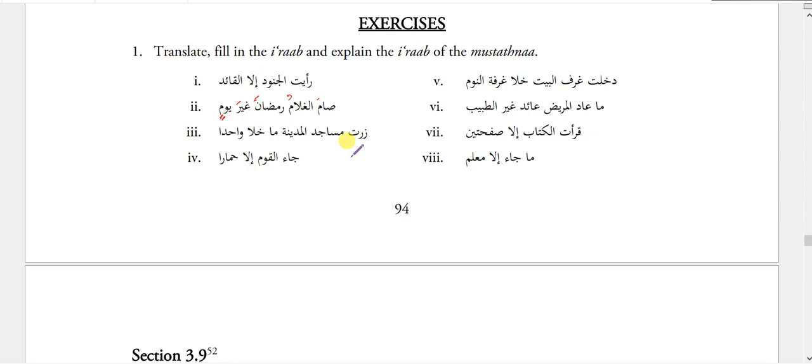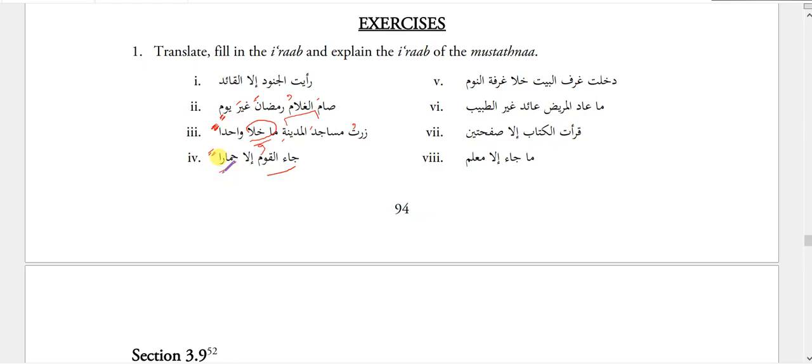Then we have zurtu, I visited, masajid al-madinati, the masjids of Medina, ma khala wahidan. Whenever there is ma khala, the i'rab is fixed, that is wahidan, except one alone. Ja'a al-qawmu, the whole people came, illa himaran, except a donkey. Here the i'rab will be mansoob. Why?